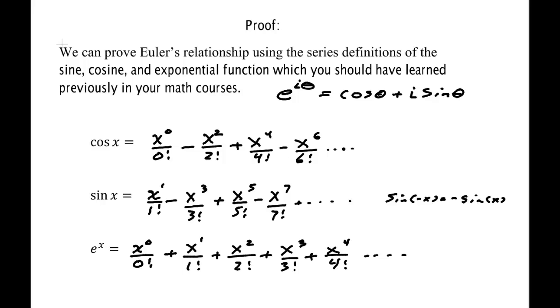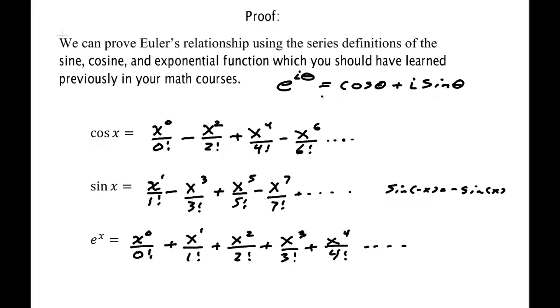I'm going to use these now to derive this expression where x is a complex i theta, rather than just a number like 4. So let's do that. Let's start with using our definition here, e to the i theta.